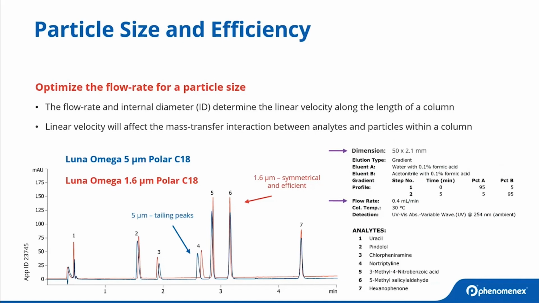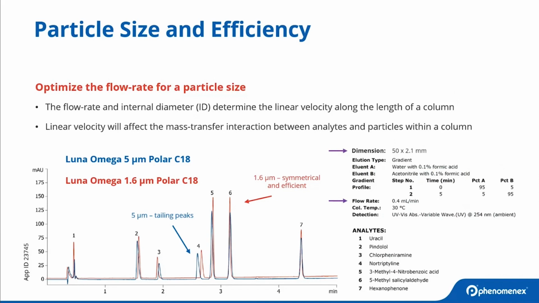We can see here with a chromatogram that we saw earlier, that when we apply the same instrument conditions, in addition to the more efficient and symmetrical peaks with the 1.6 micron particles, we also see a bit of tailing exhibited by the 5-micron particle.